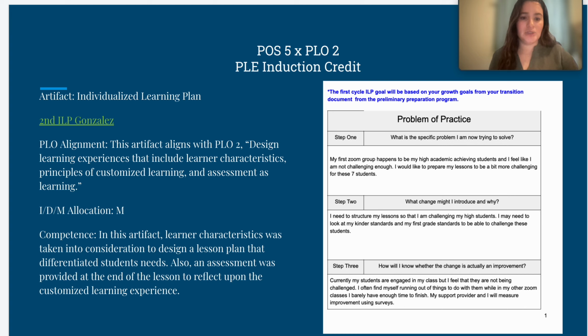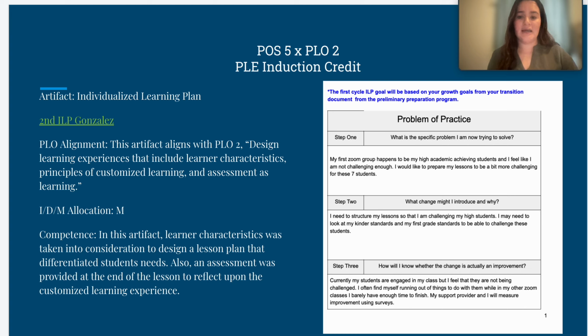I chose my high achieving students, who I felt were not being challenged enough. So I chose a group of students that I felt needed additional support or that I needed to differentiate my instruction for. And I had to teach and assess to see if I needed to change or adopt what I was doing.